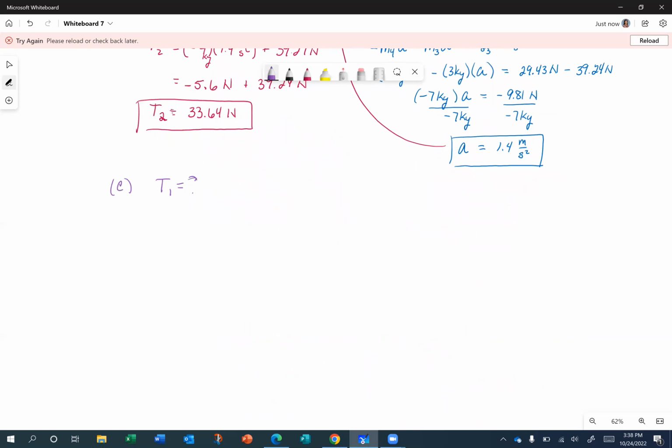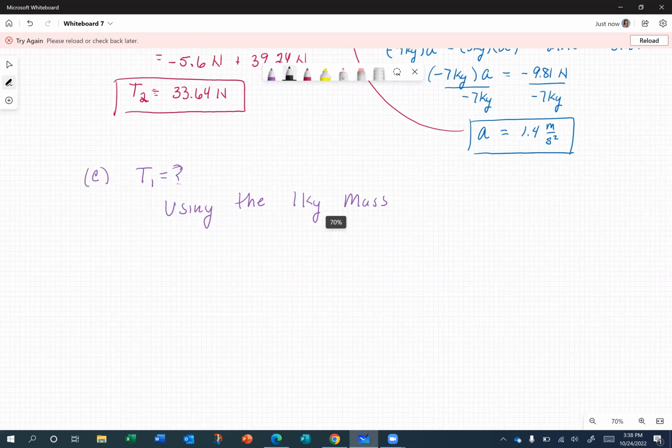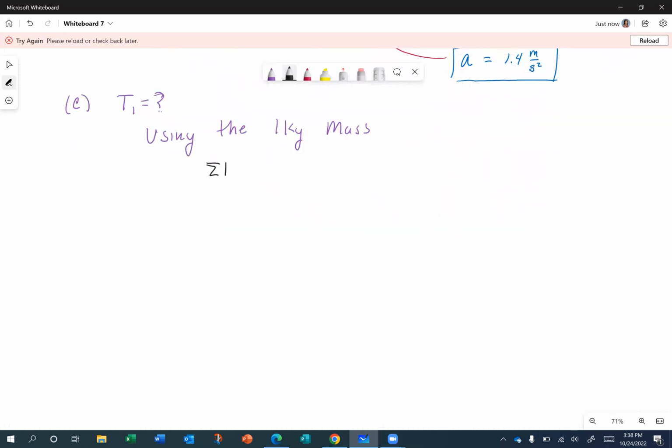So using the 1 kilogram mass, we will see that the summation of forces in the y equals mass 1 times the acceleration of mass 1. You will have T1 pulling up on it plus the force of gravity of mass 1 equals mass 1 times the magnitude of the acceleration of mass 1.